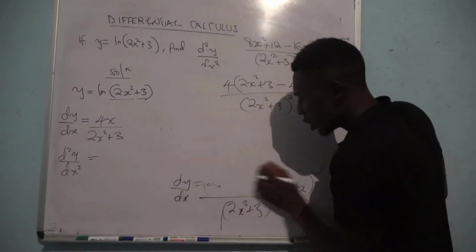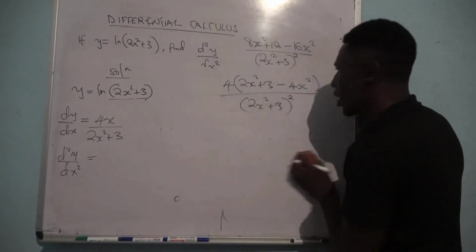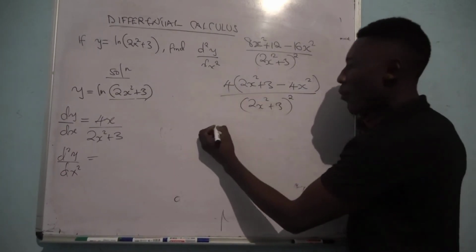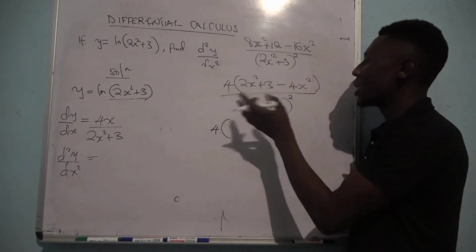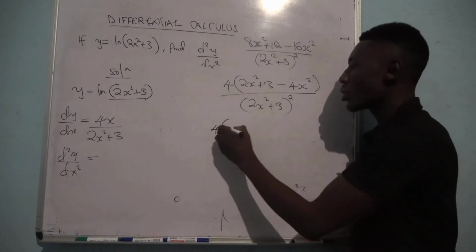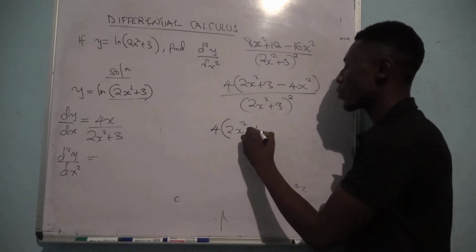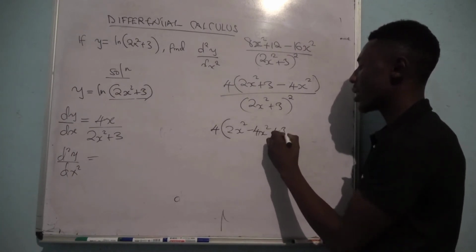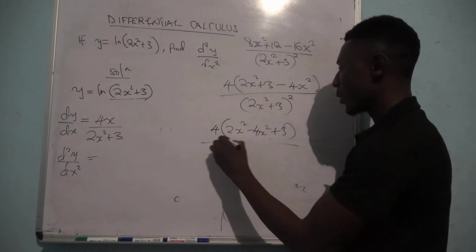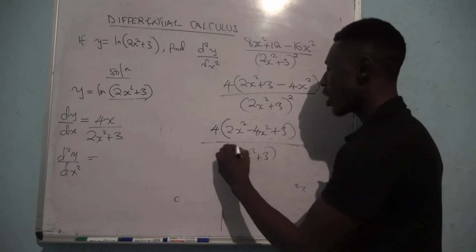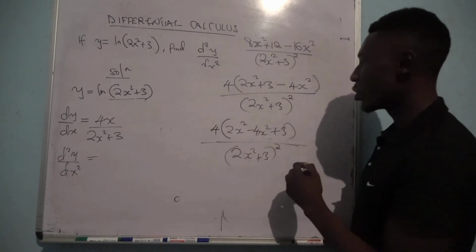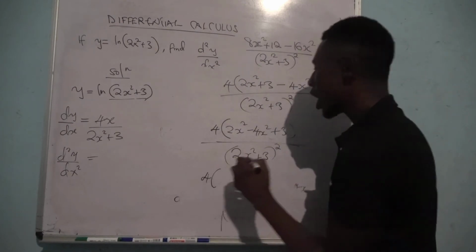Now, since I still need to use the lower part, I write my 4, then open the bracket. Here I have some common terms: 2x squared minus 4x squared plus 3, over 2x squared plus 3, all squared. This will simply give me 4 outside.